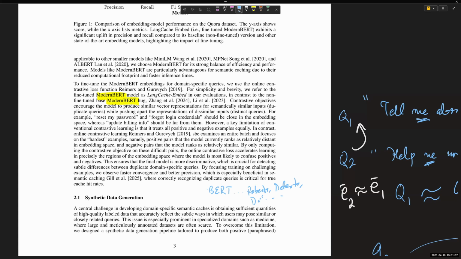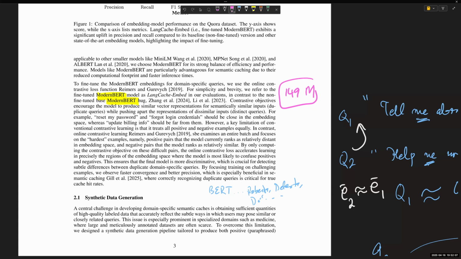And when you do that, you end up with a 149 billion parameter, which by today's standard is a very tiny model. 149 million or billion, if I remember right, it's million actually. 149 million parameter ModernBERT comes out, and you use this ModernBERT and do contrastive learning on it.